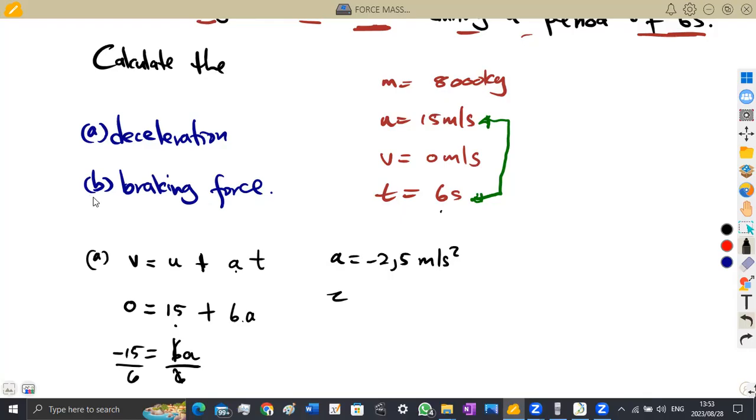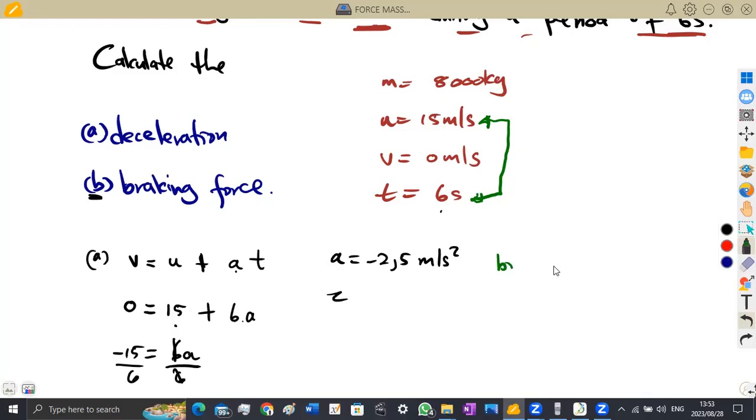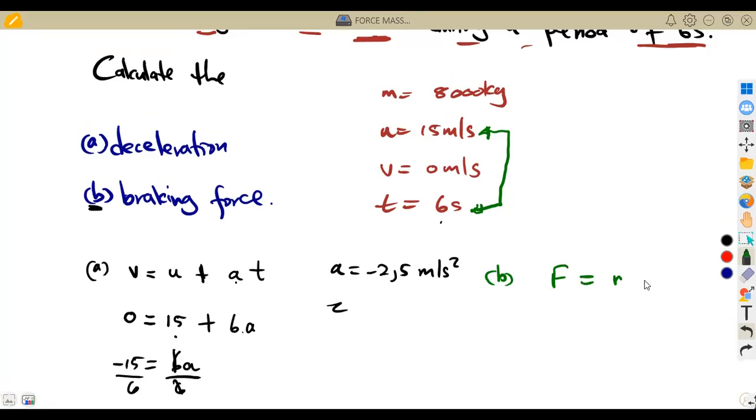Then now they need the braking force. Where are we going to obtain the braking force from? What is going to be the formula for the braking force this time? As we've got a mass and we've got acceleration, we can just say F is equal to M times A. We do not have anything opposing, which would be the frictional force. So our braking force is simply going to be mass times the deceleration, because that acceleration is negative.